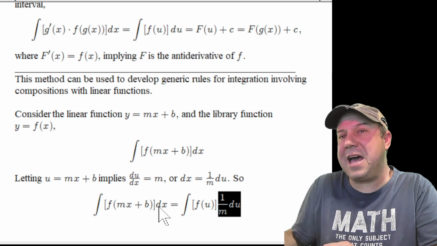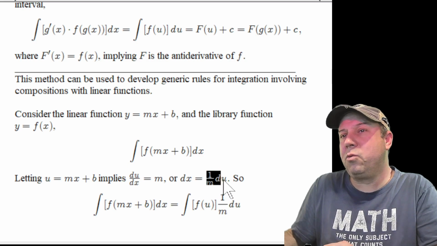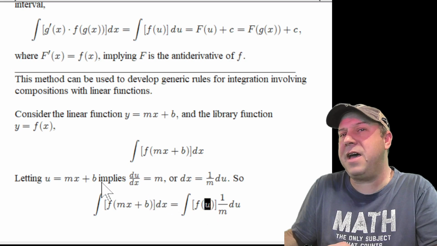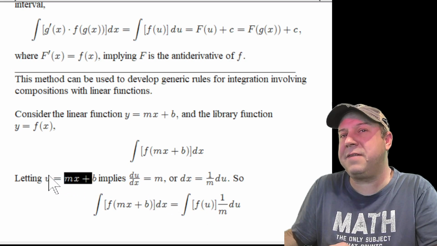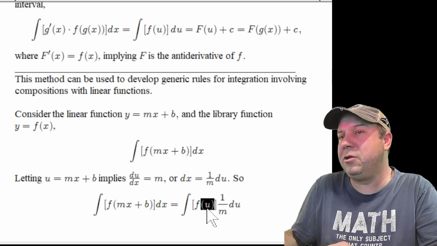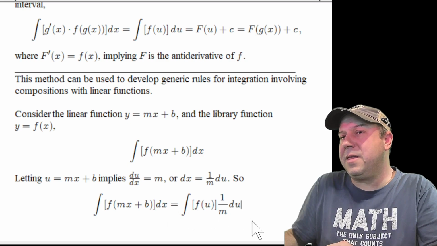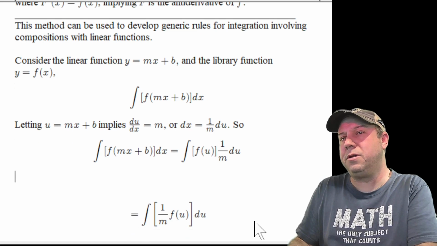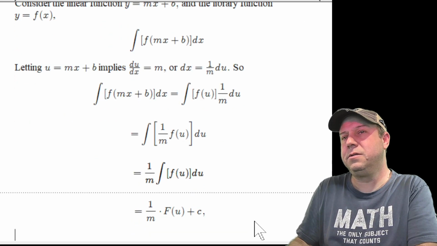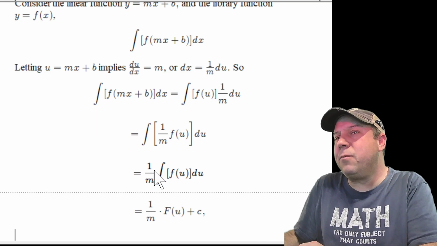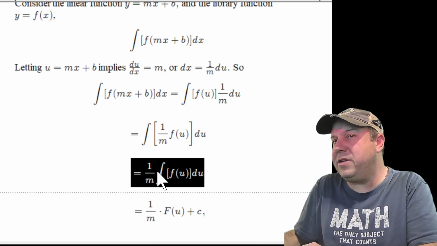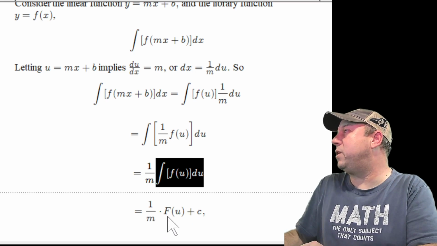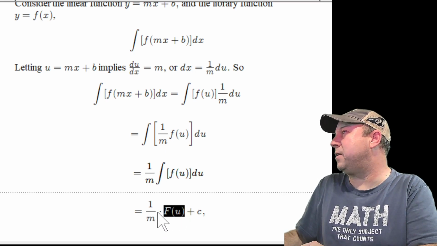Replacing the dx with 1 over m du and replacing the mx plus b inside of f with the value of u. That 1 over m will bring itself out in front as a constant multiple. Right? And we face the antiderivative of then just the function little f with respect to u, which we know is going to be cap F with respect to u.